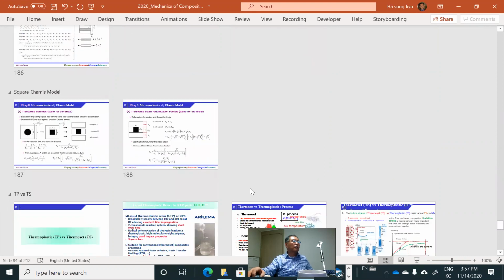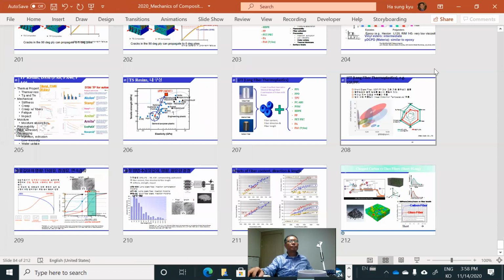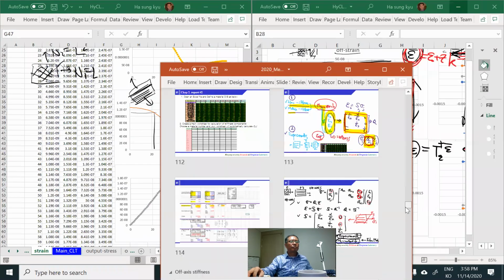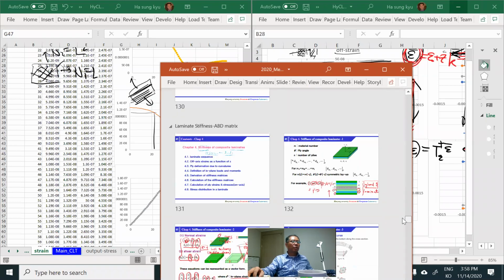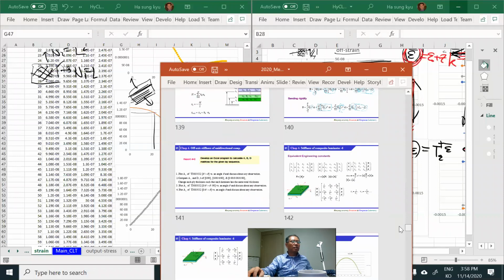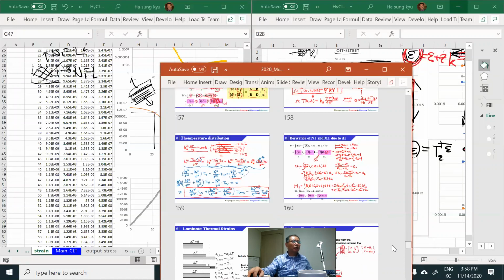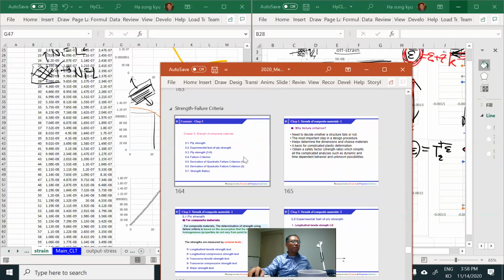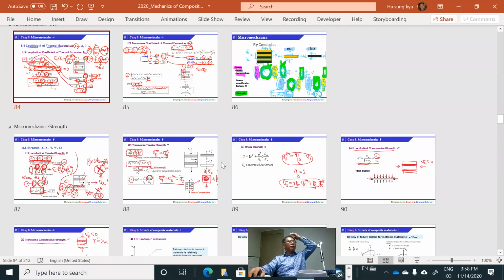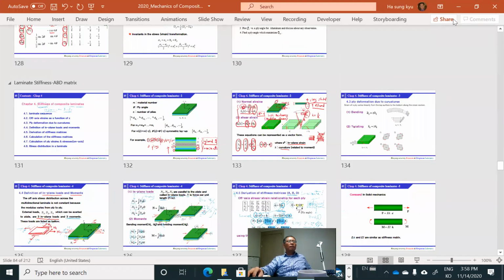And that's the one we will study. This is, you can say, the second part, which is very important. So far we discussed the stiffness behavior, but now it's the strength behavior.